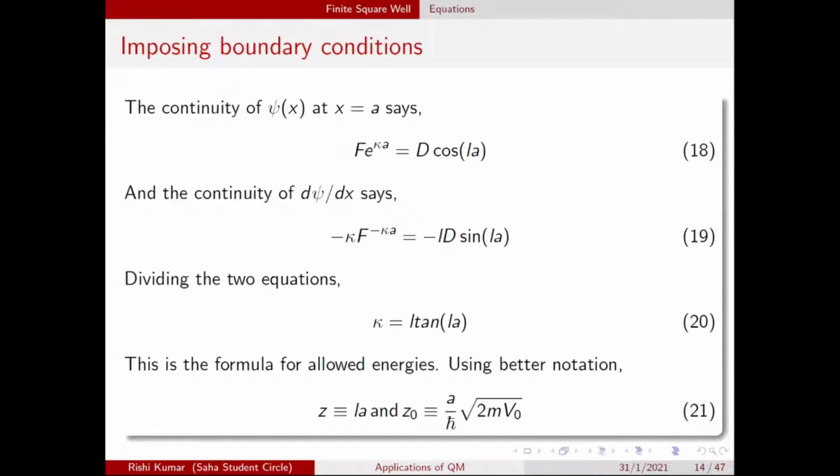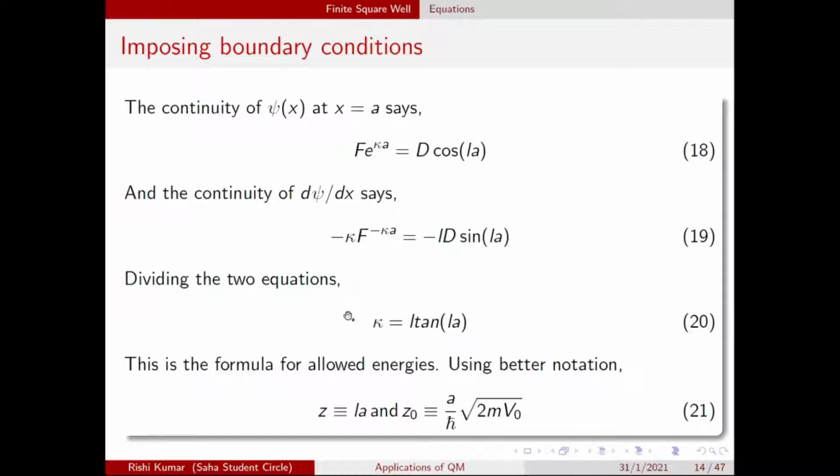Again, the same thing, we are using the continuity of psi of x at x equals a, to get Fe^(-kappa a) equals D cos(la). And simply differentiating this, we get our equation 19. So d psi by dx is just differentiating this, and we get this equation here. Dividing these two equations, we get kappa equals l tan(la).